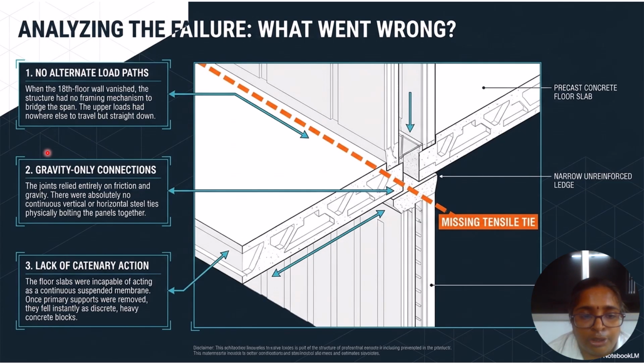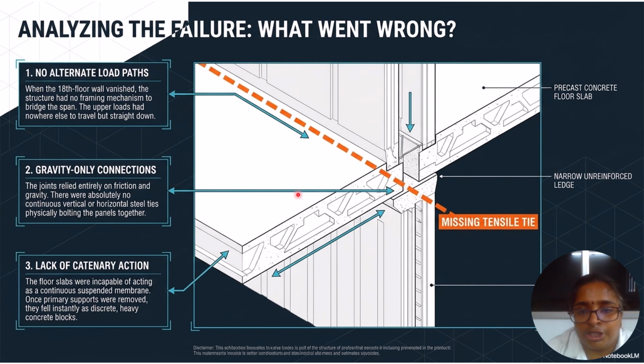There were absolutely no continuous vertical or horizontal steel ties physically bolting the panels together, and a lack of catenary action, that is, the floor slabs were incapable of acting as a continuous suspended membrane. Once the primary supports were removed, they fell instantly as discrete heavy concrete blocks.